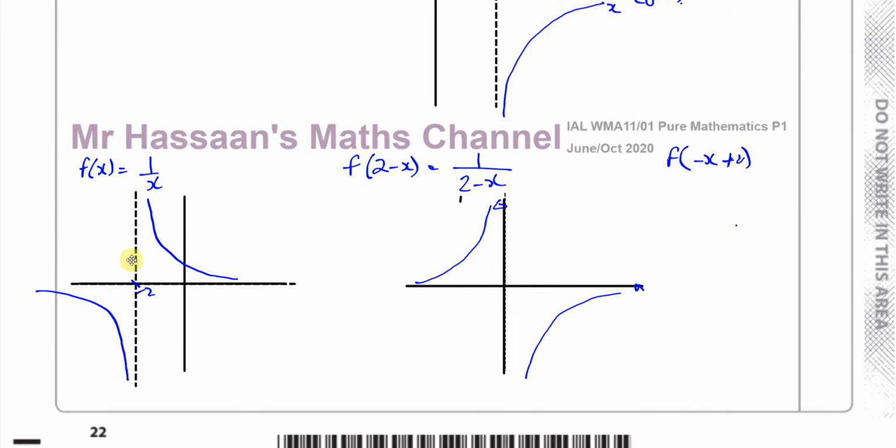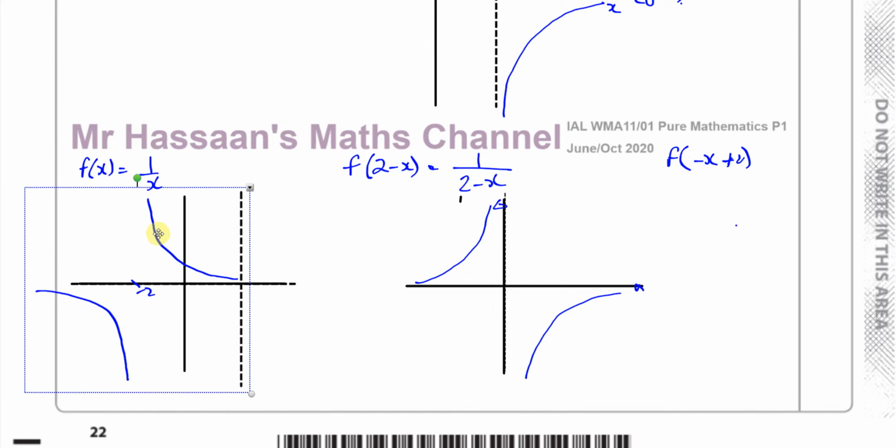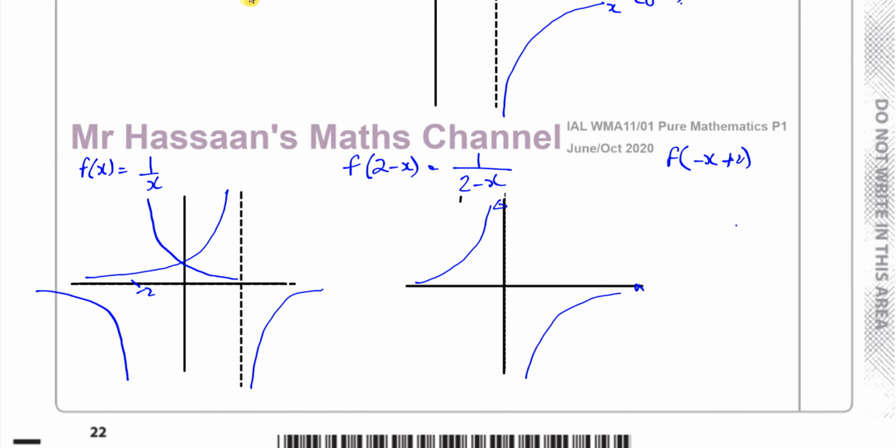This is reflected, so instead of going like this, it's going to go like this, and instead of being over here, it's going to be over here. And that's how we end up with the sketch, the way it looks in our final answer.